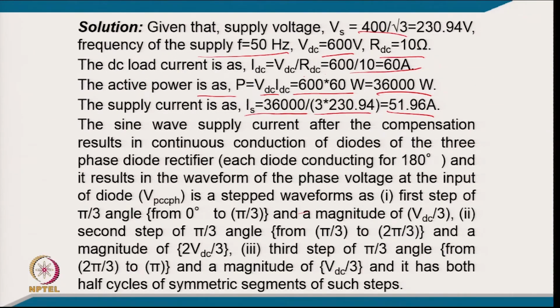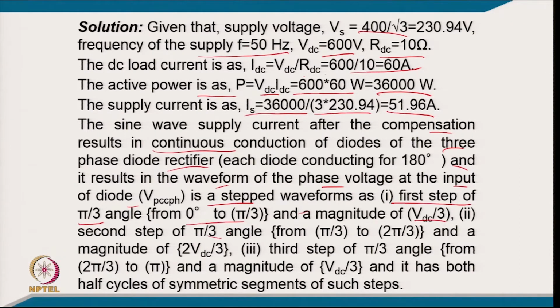And now, coming to calculate the series injected voltage, the sine wave supply current after the compensation results in a continuous conduction of the diodes of the 3 phase diode rectifier, each diode conducting for 180 degrees, and it results in the waveform of the phase voltage at the input of the diode being a stepped waveform. The first step is of pi by 3 angle, from 0 to pi by 3, and a magnitude of VDC by 3.